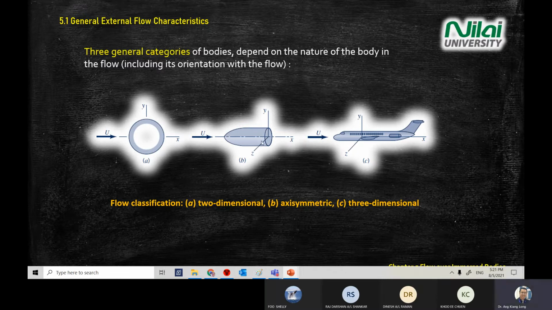If the flow is inside an asymmetric scenario, as you can see here, asymmetric means the flow goes in and touches a bullet shape kind of body. Asymmetric means that no matter how you cut the body, you will still see the same profile.